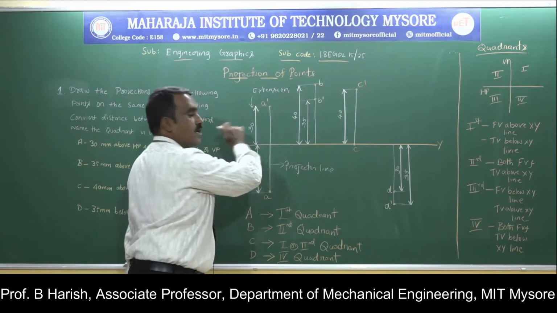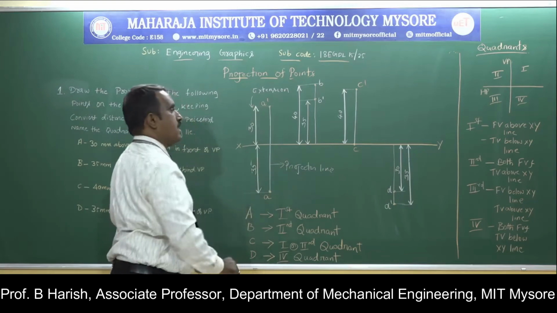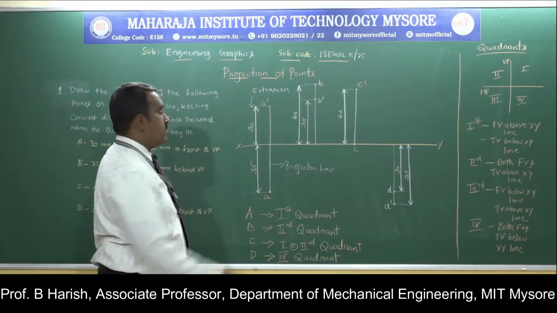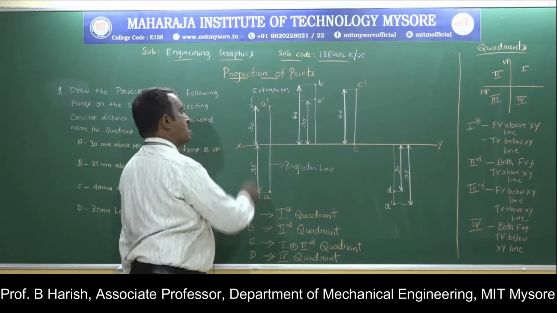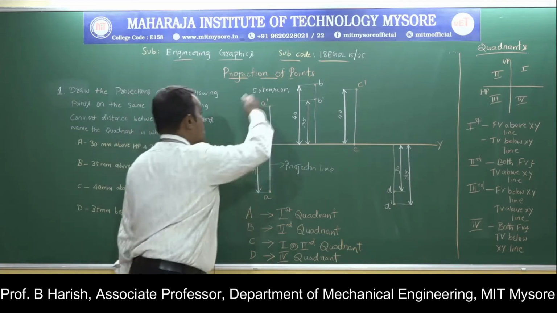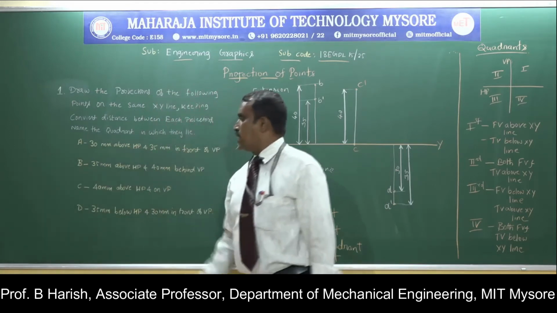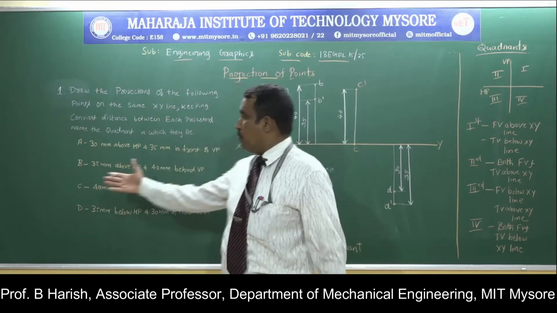From the projector you draw a horizontal line parallel to xy line, that is called an extension line. There draw the arrow mark to show the dimension. The arrow tip should touch your xy line and this extension line. This distance is 30 and this distance is 35 mm. So this is how you draw projections for the first point, 30 mm above HP and 35 mm in front of VP. Next, come to the second point.